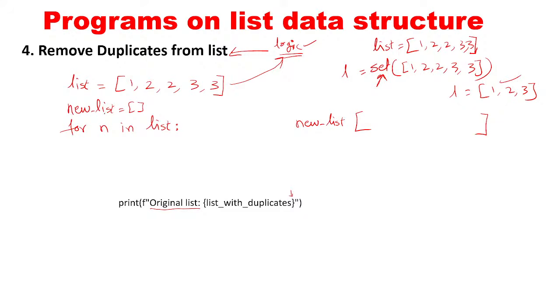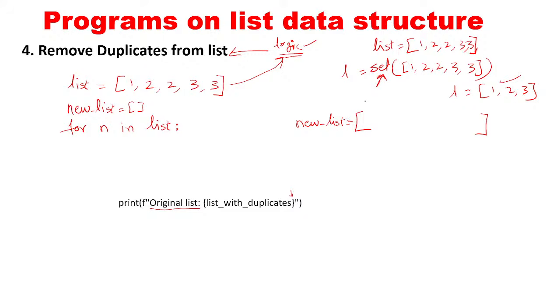So first n gets the first number 1. If 1 is not a duplicate value, you should add it to the new list. How do we know that?